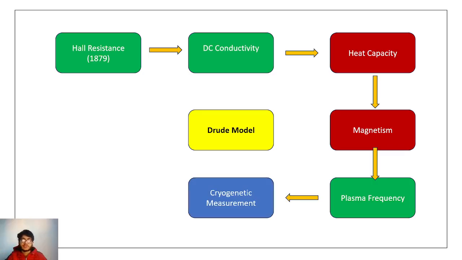Cryogenic measurement later on could actually extract out the electronic heat capacity, and it was seen that the Drude model predicted the heat capacity to be 100 times larger than what it actually was, and it predicted the velocity of the electrons to be 100 times smaller than what it was, and those things cancelled out to give us the correct Lorentz number that we explained in the previous episode. So that is why we come to the new model which we are going to discuss in the next class, called the Sommerfeld model, which is the quantum model.